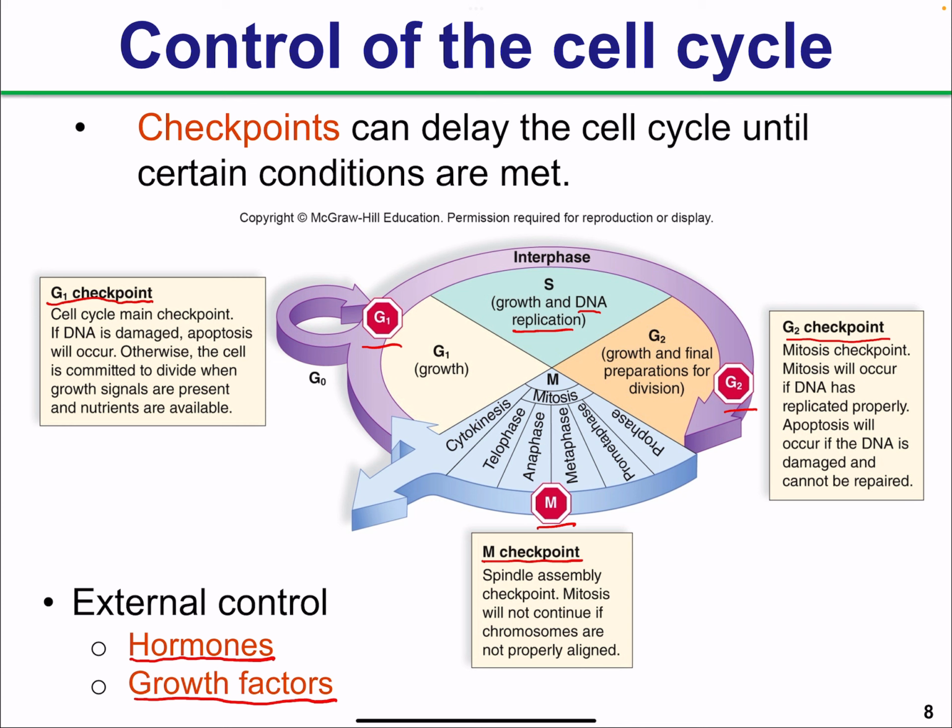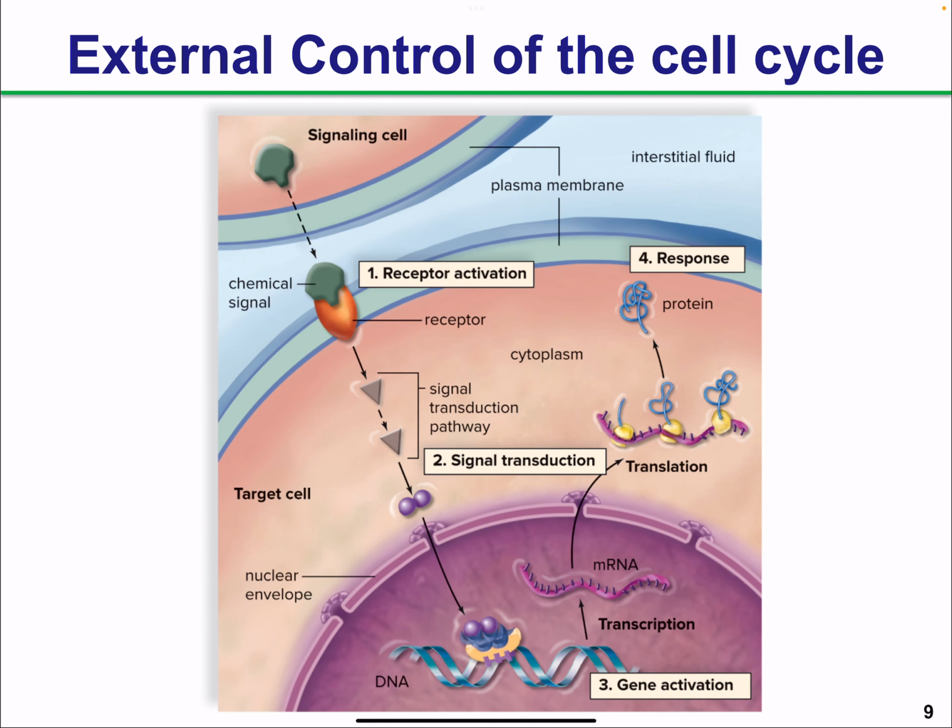And that cell communication is going to lead to a cascade of events inside of the cell that we call the transduction pathway. That transduction pathway ultimately is going to trigger some genes to be expressed or some genes to not be expressed, right? All right, so here is typically what would happen in an external control of the cell cycle.